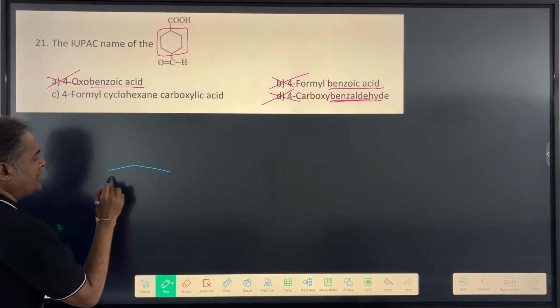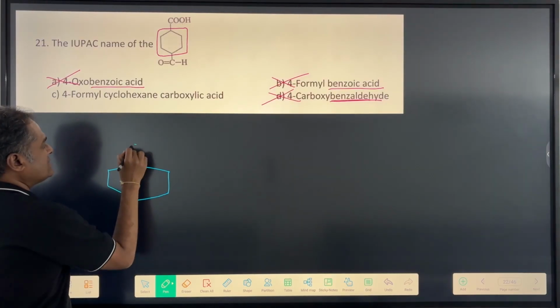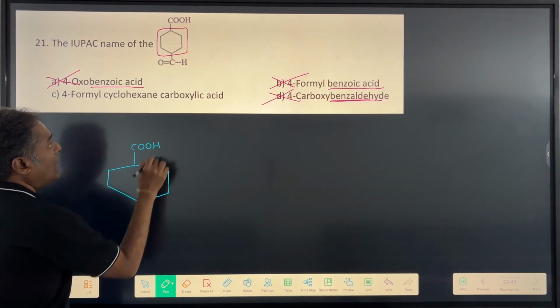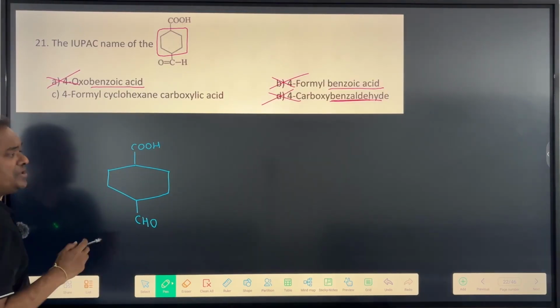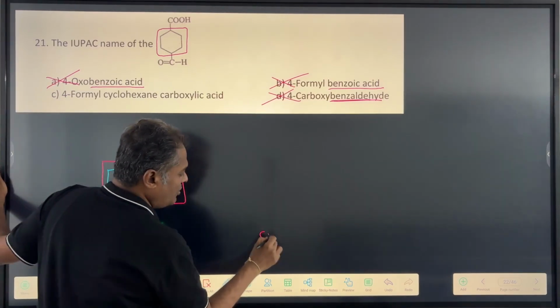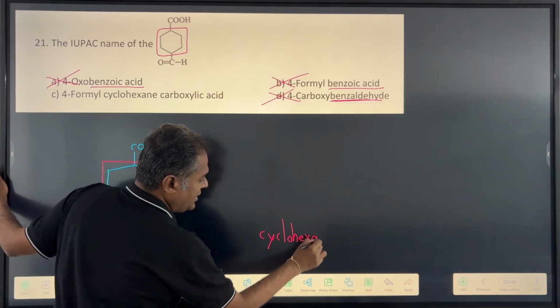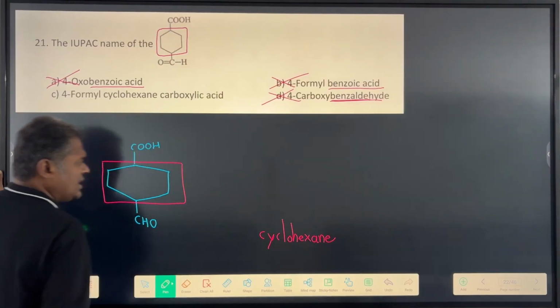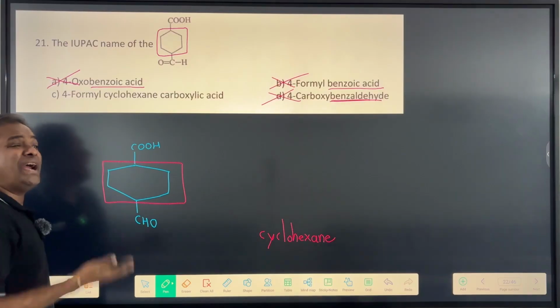See, we have got over here a cyclohexane ring where you have got an acid and you have got an aldehyde group, correct? Now, as per the situation, can I call this your parent chain, and the name of this compound becomes cyclohexane. Now, out of these two, which is the priority functional group?